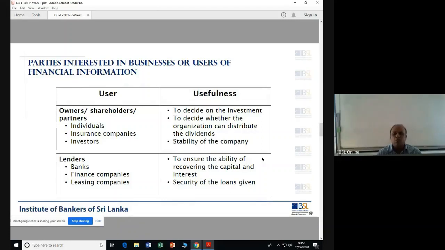The controls are such that we have a topic called corporate governance, which we may not cover in our module, but when you go through the annual reports of your banks or competitor banks, you will know the corporate governance structure of Sri Lanka and maybe globally, where the liability has become unlimited now.